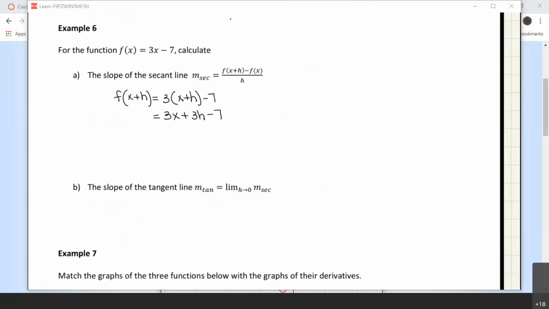And then remember what this was down here. This was x plus h minus x. So it's the change in y's over the change in x's. Remember, slope of the secant line.